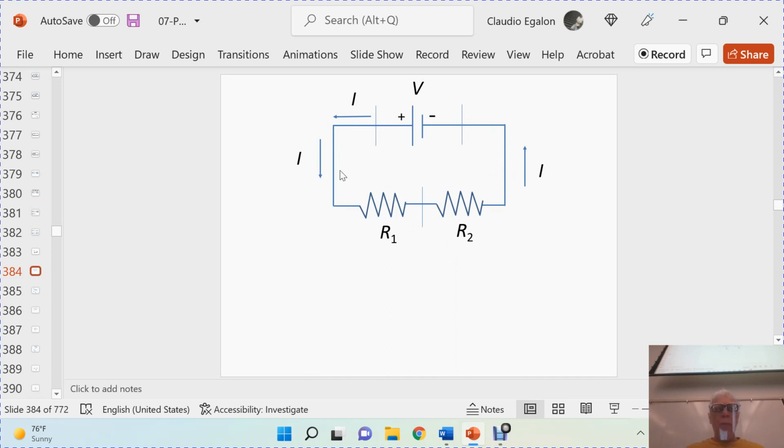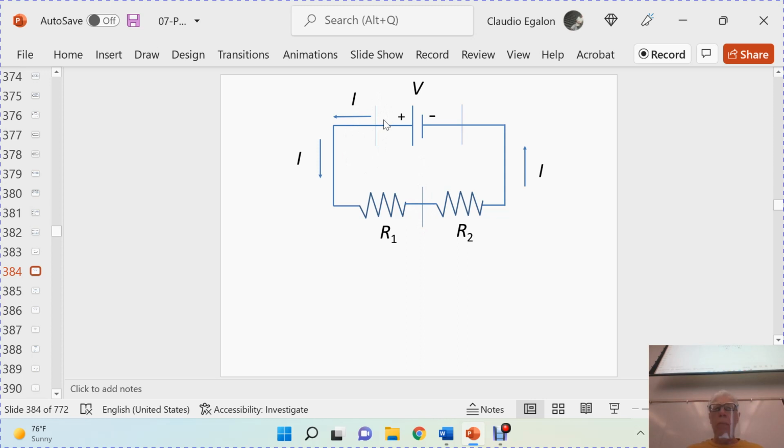So if you put an observer right here at this spot, this observer is going to count a given number of electrons per unit of time. But if you do the same right in here, the number of electrons that flows here per unit of time is going to be the same as the number of electrons that flows here per unit of time.